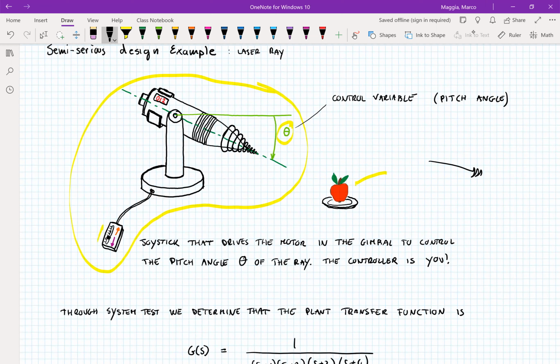Let's say that you are in this configuration and then you give it an input so that it points this way, and you want it slowly to reach this angle. You don't want an overshoot, in other words, and then going back and forth until it settles. So you see here also the application of the concept of underdamped versus overdamped systems.